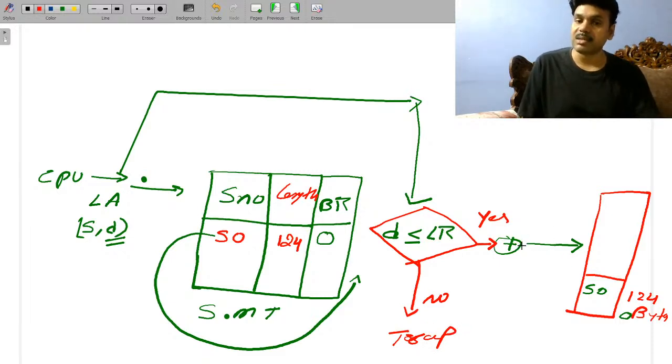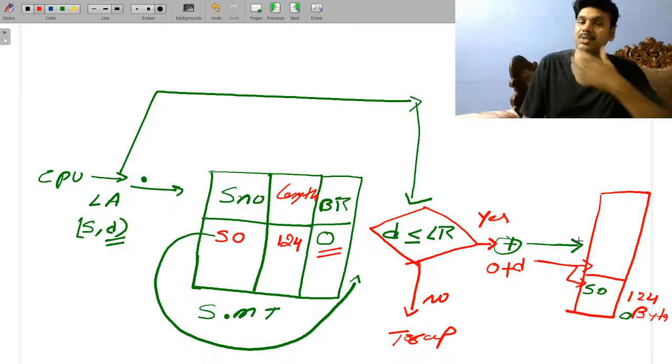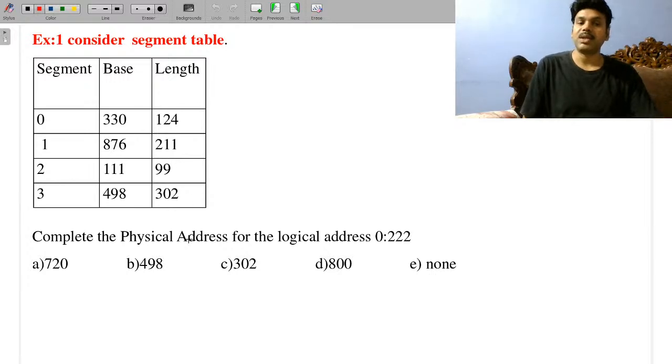If it is yes, then we add this 0 plus the requested number, that is your D. Now we access the corresponding block. But as far as the previous diagram is concerned, you are requesting 222, but my limit register has only 124, hence you cannot access it.